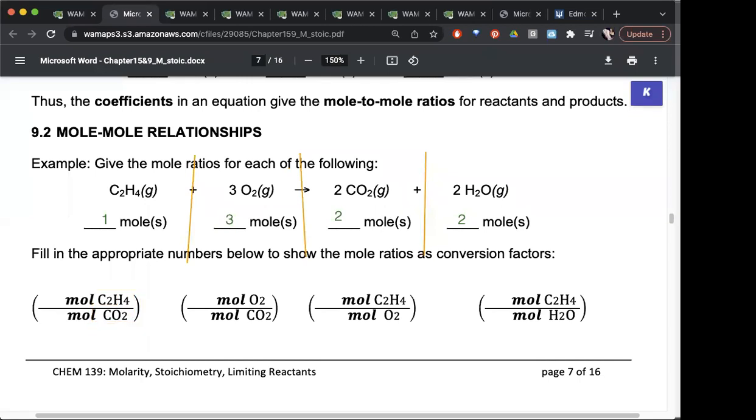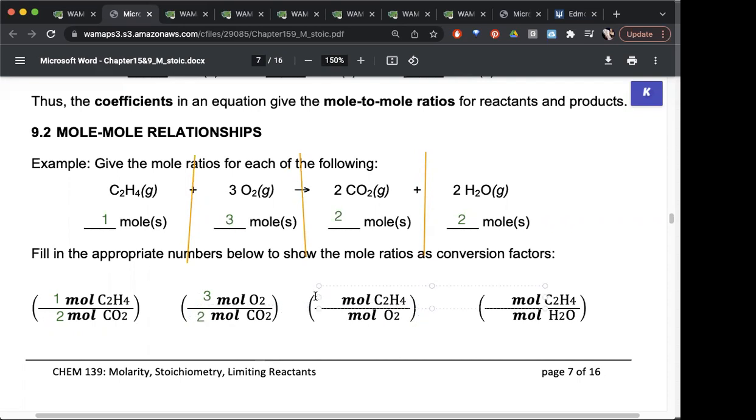And we can do that by writing the mole-mole relationship and just filling in the values. So for every 1 mole of ethylene consumed, we will produce 2 moles of CO2. Okay, we're using the coefficients again. So for every 3 moles of oxygen consumed, we will produce 2 moles of CO2.